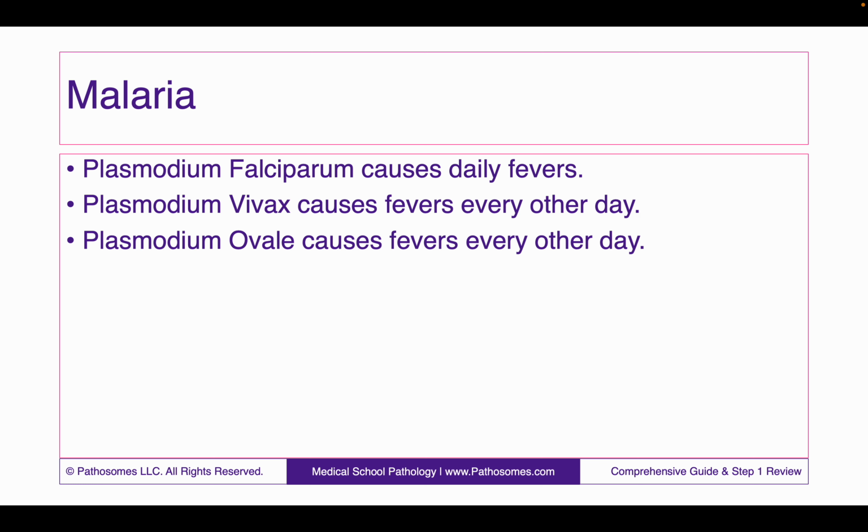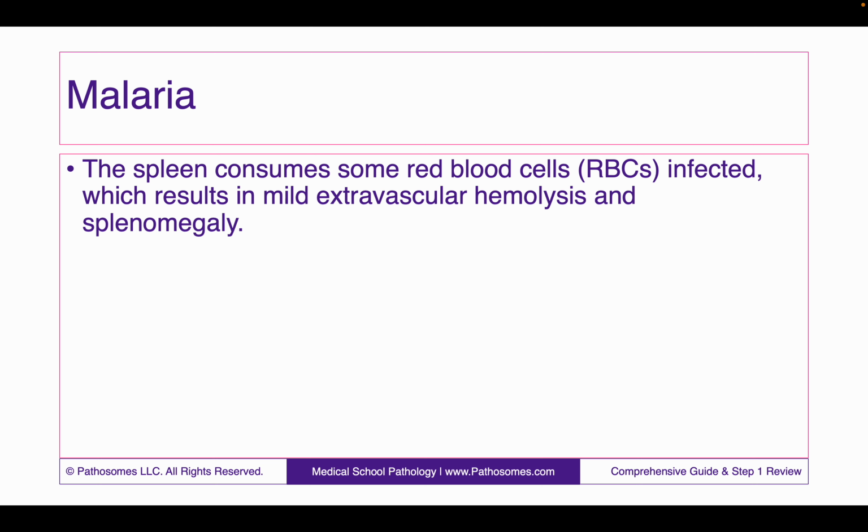Plasmodium falciparum causes daily fevers. Plasmodium vivax causes fevers every other day. Plasmodium ovale causes fevers every other day as well. The spleen consumes some infected red blood cells, which results in mixed extravascular hemolysis and splenomegaly.